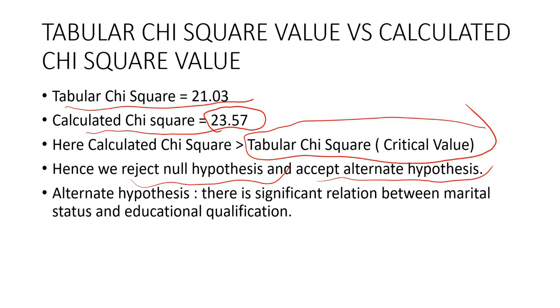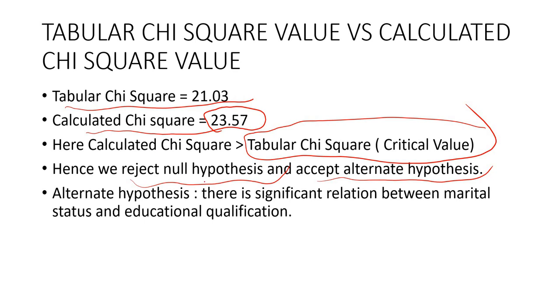If the calculated chi-square value is less than the tabular chi-square or critical value, we won't reject the null hypothesis. Here, the calculated value is greater than the critical value, so we reject the null hypothesis and accept the alternate hypothesis.